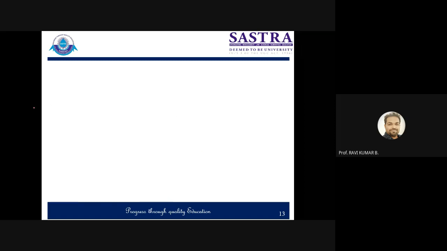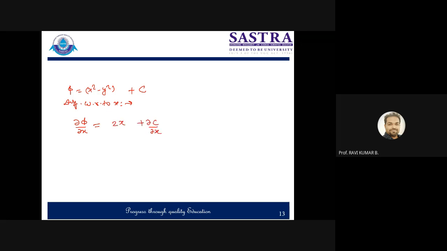So as phi is equal to x square minus y square plus constant, just differentiate this with respect to x, right? Differentiating with respect to x, you can say dou phi by dou x is equal to 2x plus dou c by dou x. So what is dou phi by dou x?